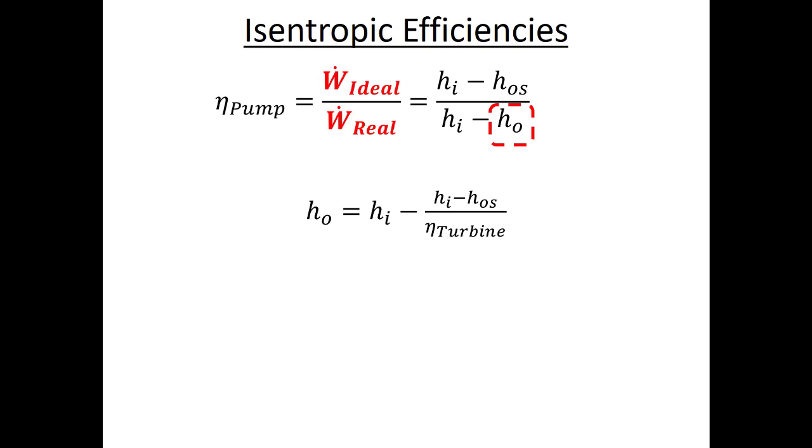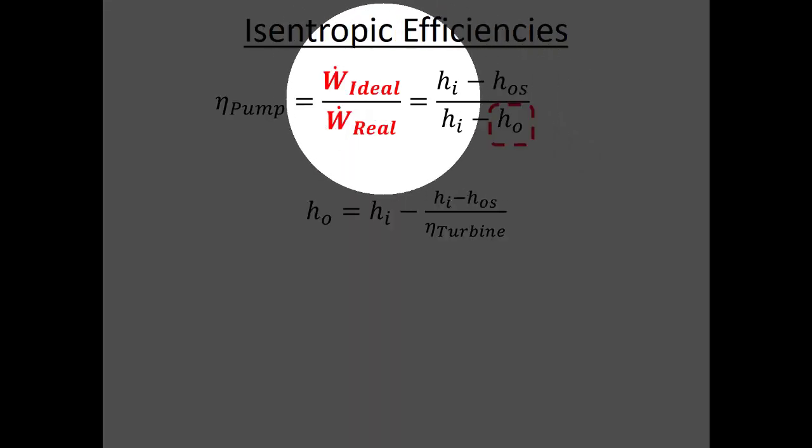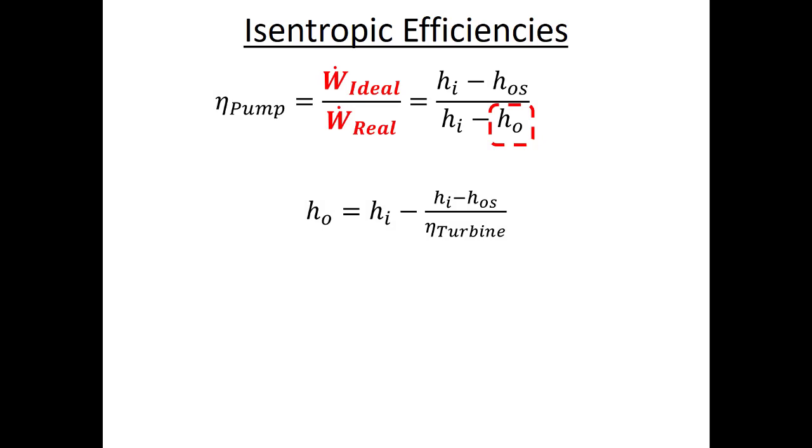And you see that this equation ends up looking kind of similar, but kind of different to what we saw with the turbine, right? Because this power relationship is inverted here. So now we're going to get H in minus H out of the isentropic pump divided by the pump efficiency.